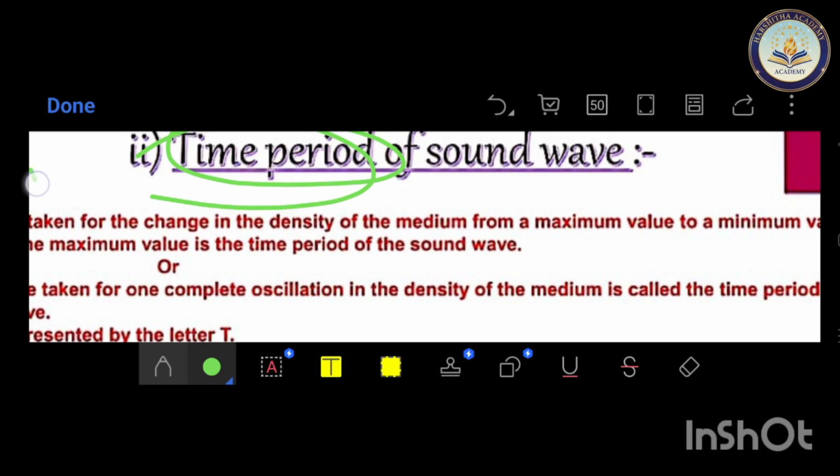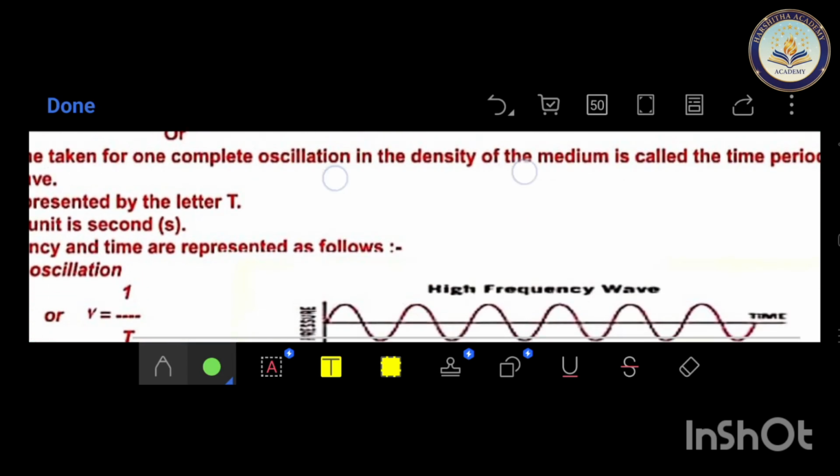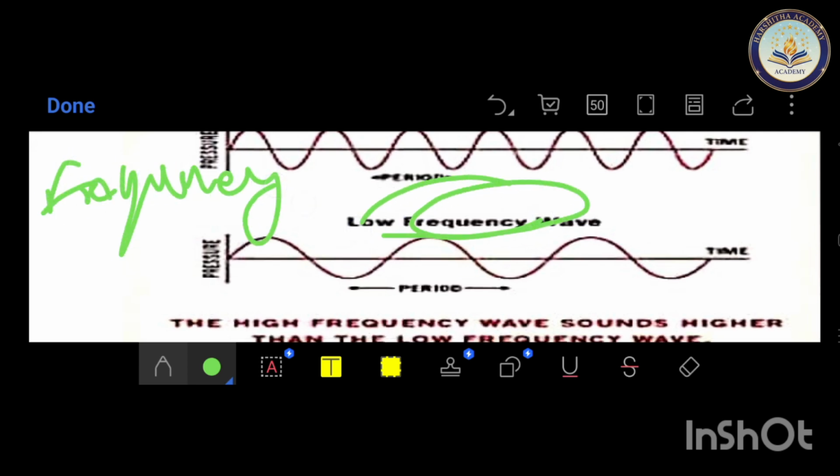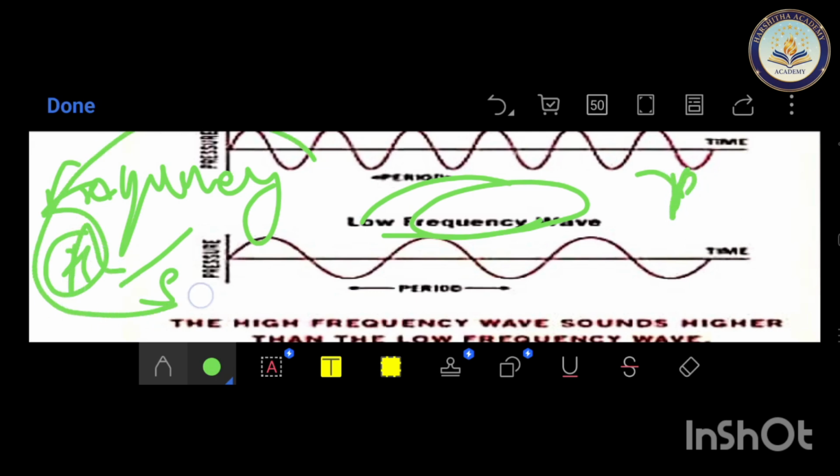Frequency f equals 1 by T, so frequency is inversely proportional to time period. Next, frequency: the number of waves or vibrations per second. It is measured per second, in hertz.